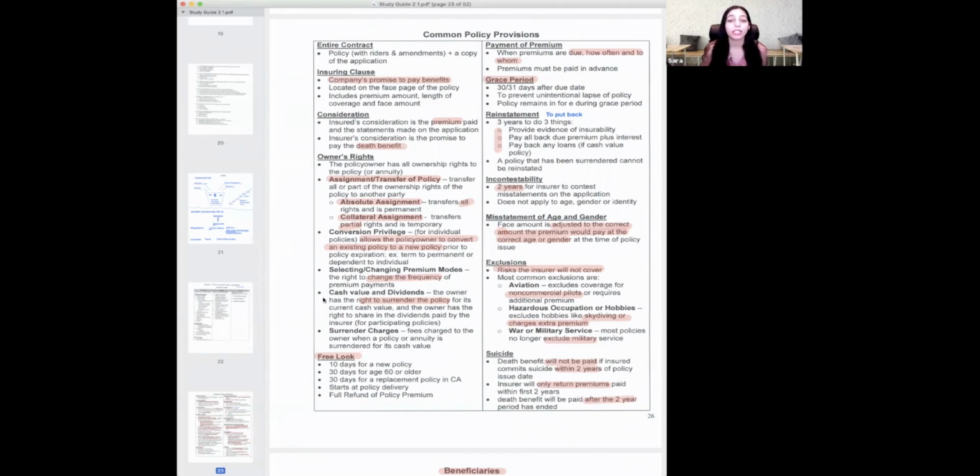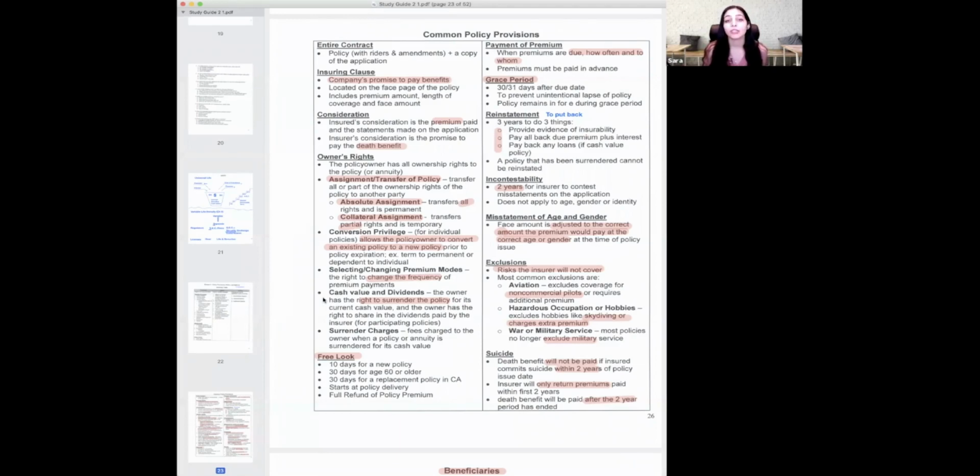Okay, cash value, dividends, and surrender charge. I'm going to go briefly into them, but if you want more details on these 3 things, you want to go into the 3rd section of Chapter 5. So cash value is like a savings attached to a policy, and you have the right to take that money and have it for yourself. Dividends are basically like you've overpaid for your policy, there's money left over, and that money needs to go to you.